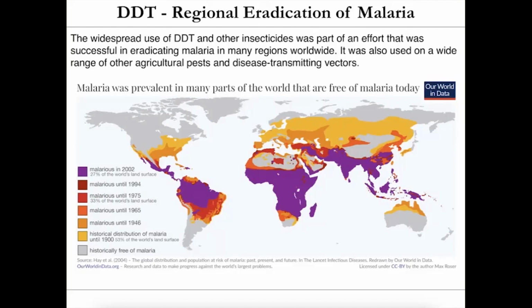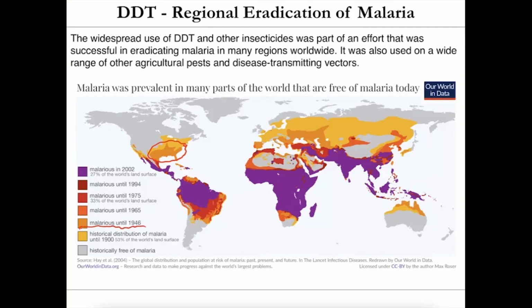So there were some good things that obviously came out of the use of DDT. You can see, for instance, here in the southeastern United States, malaria was endemic in these regions until 1946. And part of the reason why it was eradicated in this region was because of the widespread use of DDT.